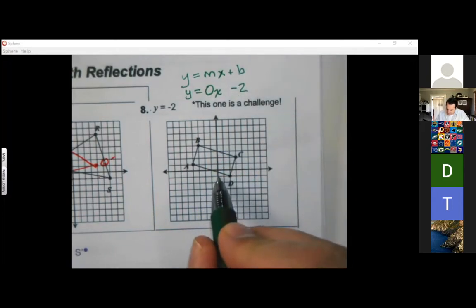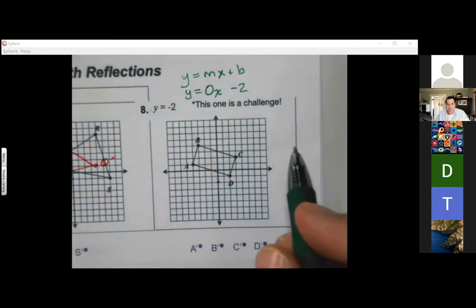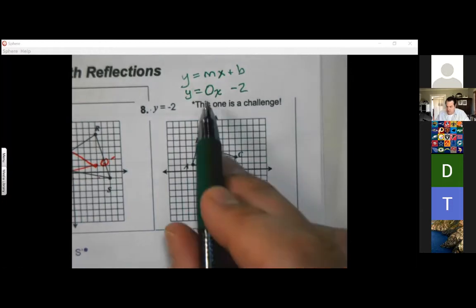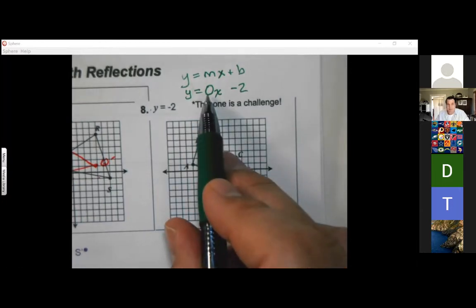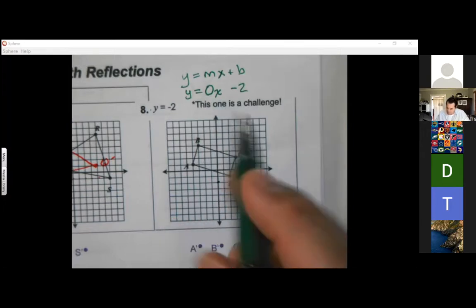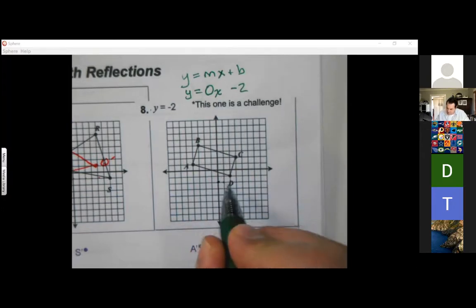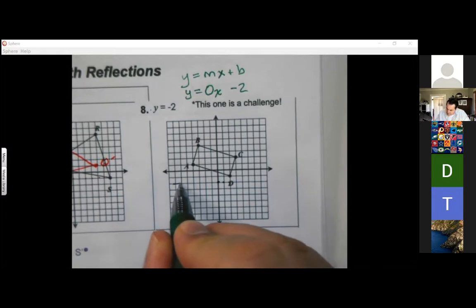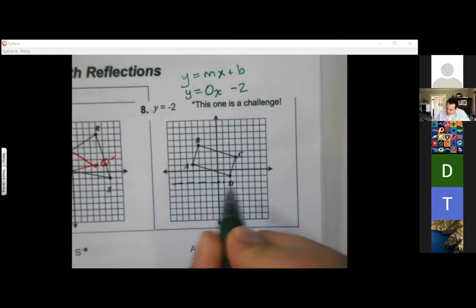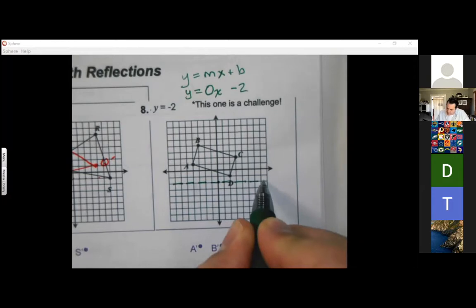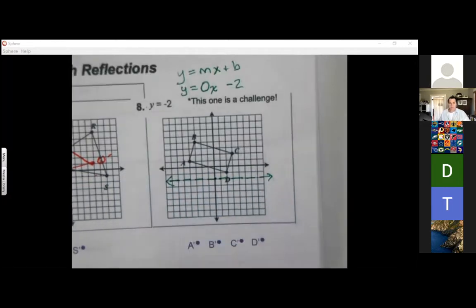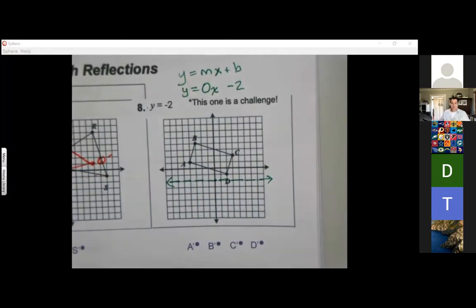So I go down 2, and then I apply the slope. Up 1 or up 0 over 1. Up 0 over 1. So what this does to make this line y equals negative 2, which is our line of reflection, it's just a horizontal line through the point y equals negative 2.